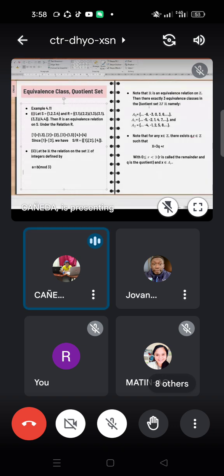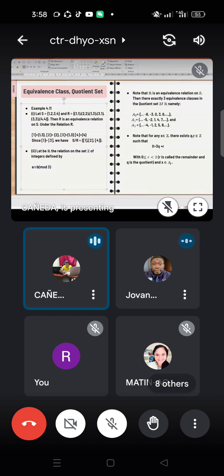This is the example: A1 is equal to the set of... R between 0 to 3.